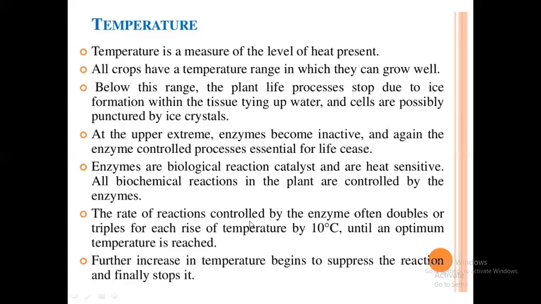The rate of reaction controlled by the enzymes present in the plant may double or triple for each 10 degrees Celsius increase in temperature until an optimum temperature is reached, and that is why it is needful to control the temperature in the optimum range of the plant within the greenhouse structure.